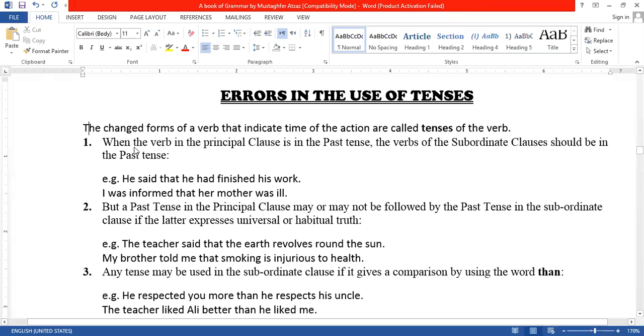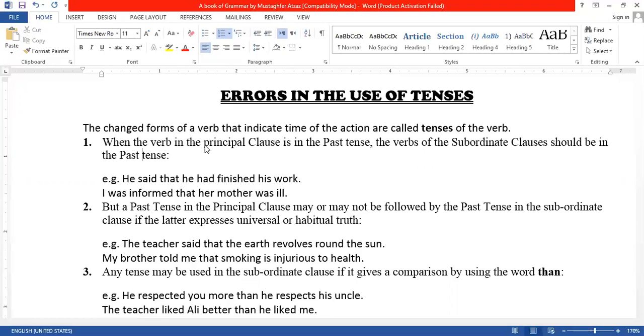When the verb in the principal clause, meaning the independent clause, is in the past tense, the verbs of the subordinate clause should be in the past tense. This is the basic and general rule, after which we shall talk about a couple of exceptions too.